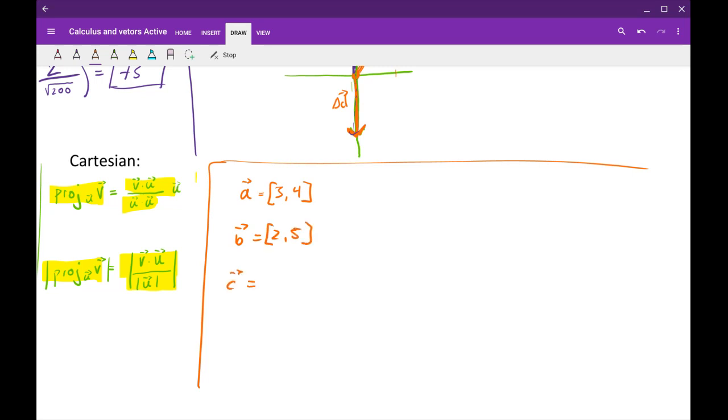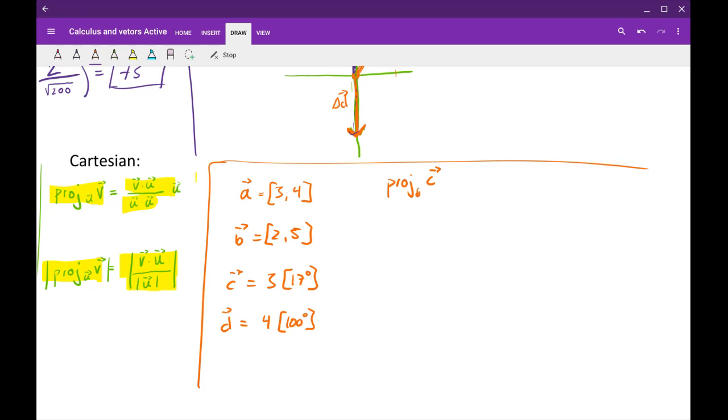C is equal to 3 at 17 degrees, let's say these are in trig bearing. And D is equal to 4 at 100 degrees. What is the projection of C onto D?